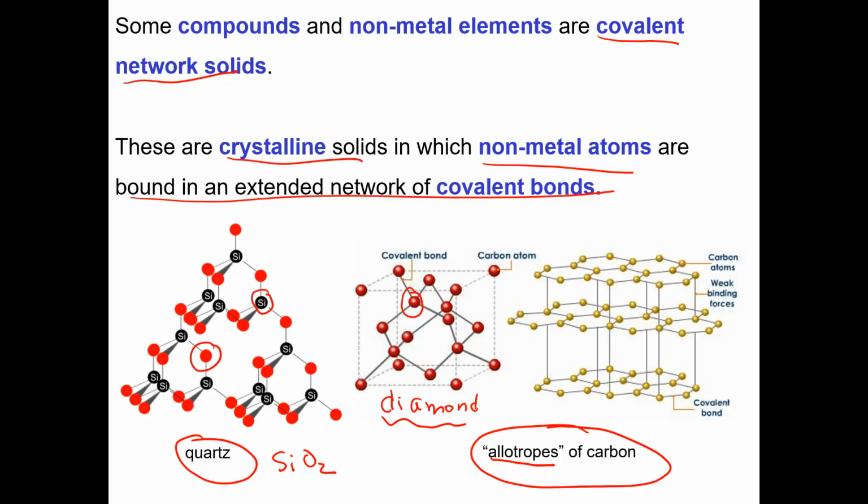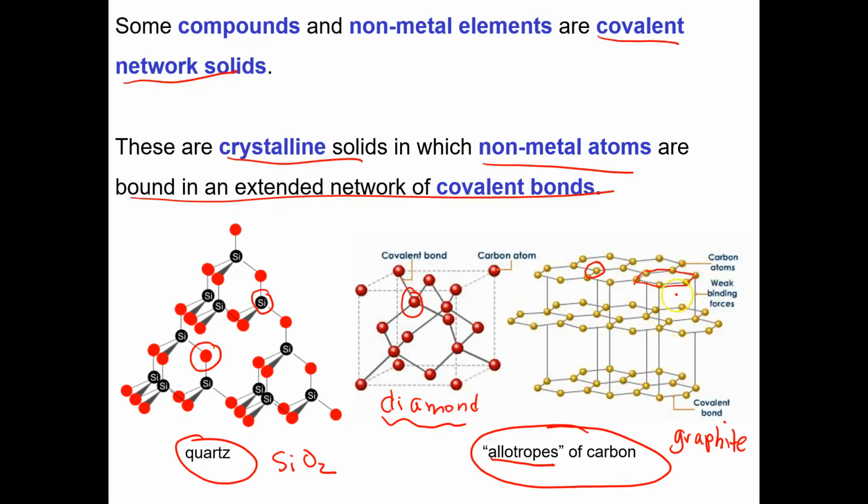The other common allotrope of carbon is graphite. In graphite, the carbon atoms are sp2 hybridized, and they are covalently bound to 3 other carbon atoms in a trigonal planar arrangement. This results in layers of hexagons of carbon.